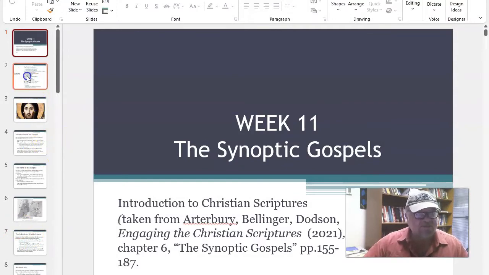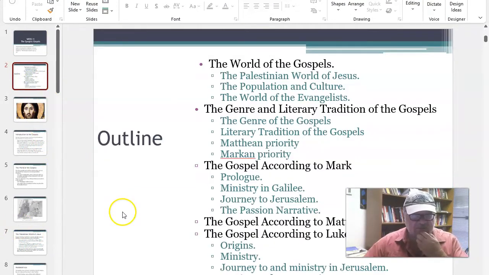The Synoptic Gospels, here's your outline. What I suppose we'll be able to cover today is the world of the Gospels, which talks about the Palestinian world of Jesus, population and culture, the world of the evangelists, which was a more cosmopolitan world about 30, 40, 50 years later after the death of Jesus, the genre and literary tradition of the Gospels, whether or not Matthew was written first, or was Mark written first, or is there some secret document that's been lost called Q?